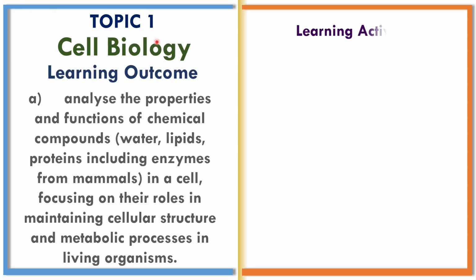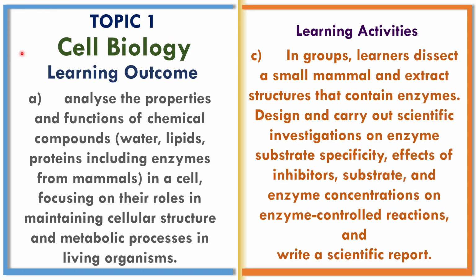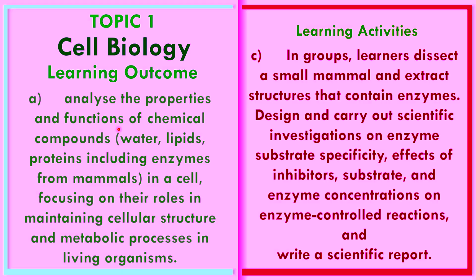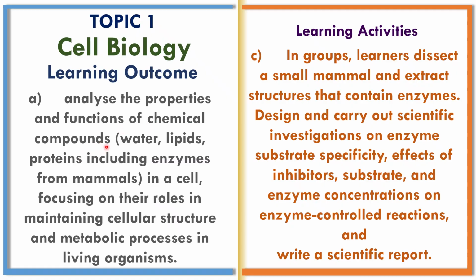Thank you for participating in Topic 1, Cell Biology. Our learning outcome A. Analyze the properties and functions of chemical compounds, that is water, lipids, proteins, including enzymes from mammals, in a cell, focusing on their roles in maintaining cellular structure and metabolic processes in living organisms.